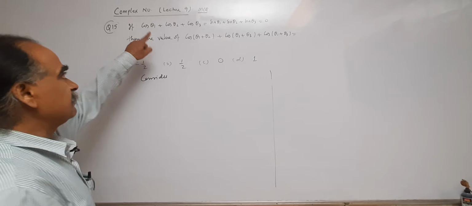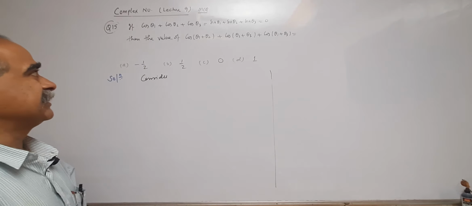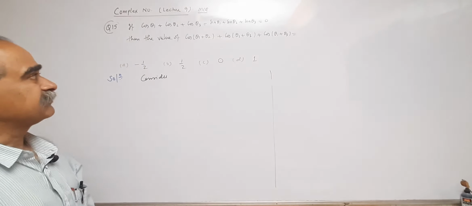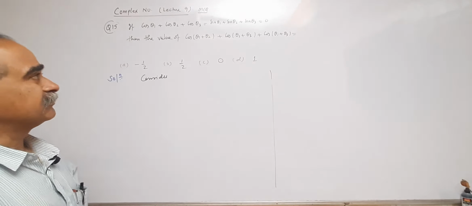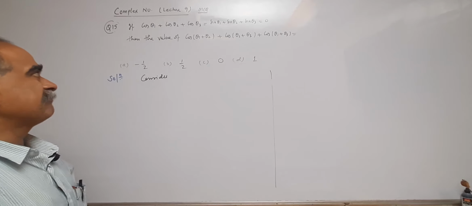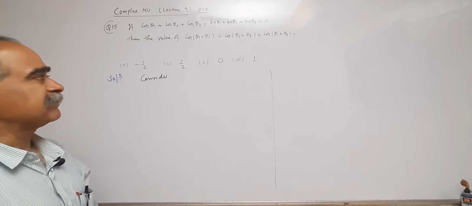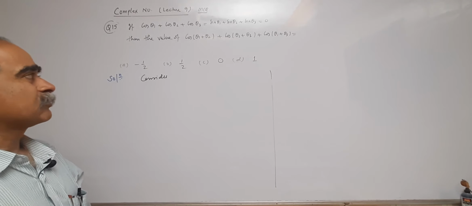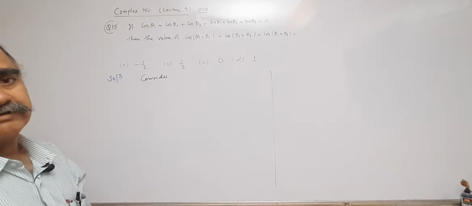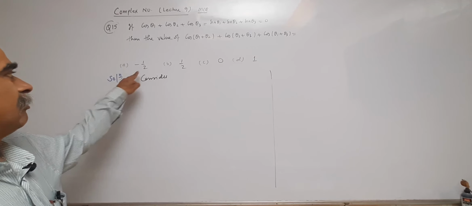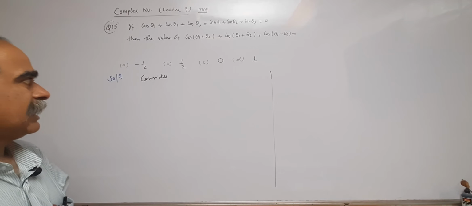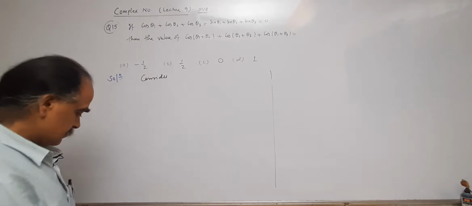If cos theta 1 plus cos theta 2 plus cos theta 3 is equal to sin theta 1 plus sin theta 2 plus sin theta 3 is equal to 0, then the value of cos of theta 1 plus theta 2 plus cos of theta 2 plus theta 3 plus cos of theta 1 plus theta 3 is equal to what? Options are minus half, half, 0, 1.